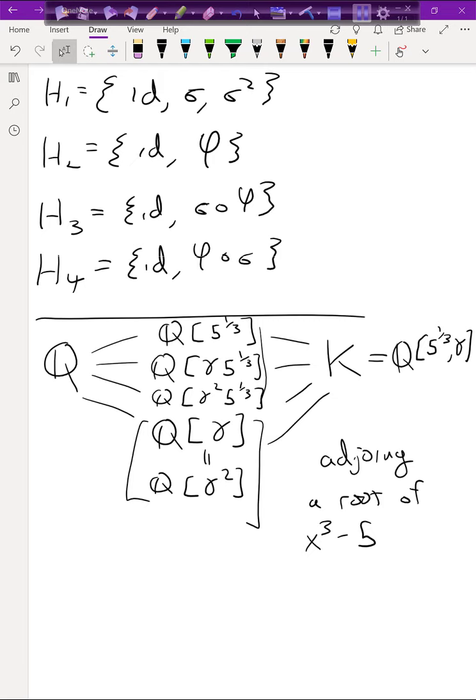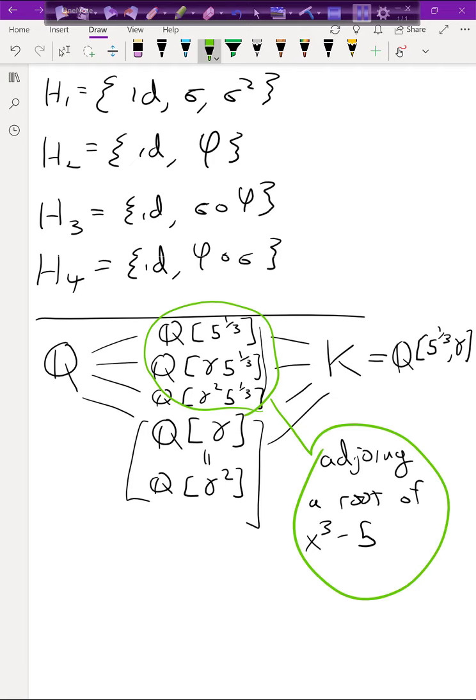That's adjoining a root of 5. Let me just connect those for you here. And this one is adjoining a different kind of root. So these look all very similar. That one's a little different. One of these groups looks a little bit different.